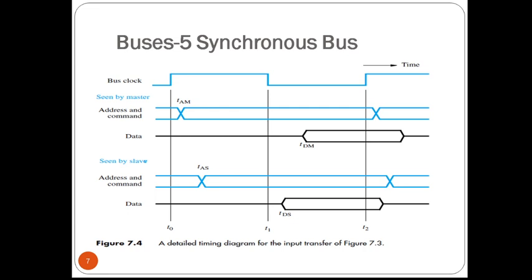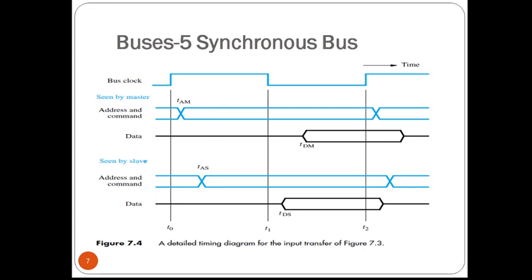A while later, at TAS, the signals will reach the slave. So at TAM it will start, and at TAS it reaches the slave. You can see on the slave side there is a little time taken to reach the slave.